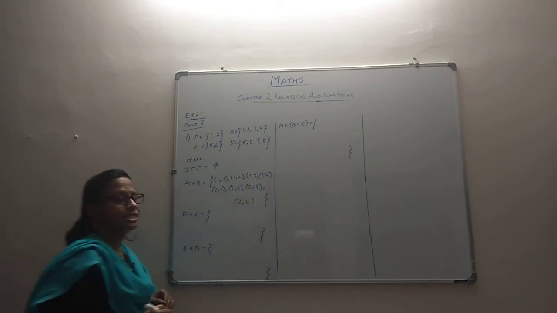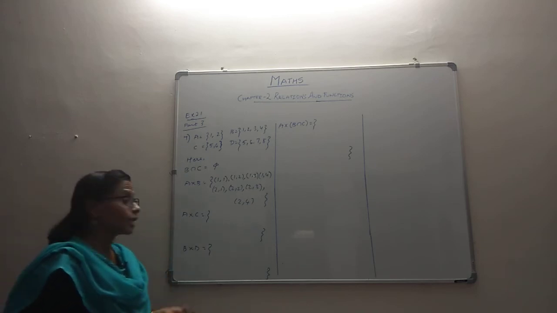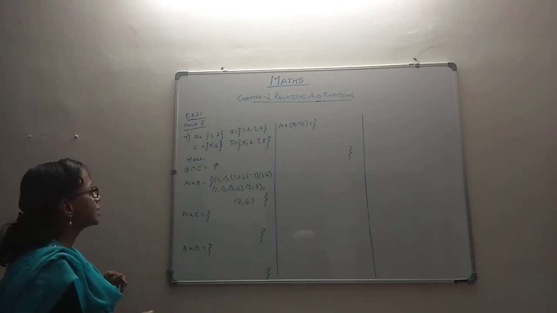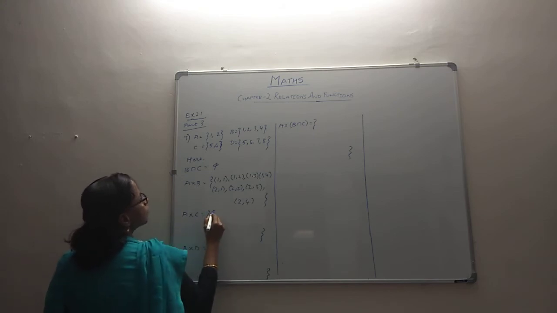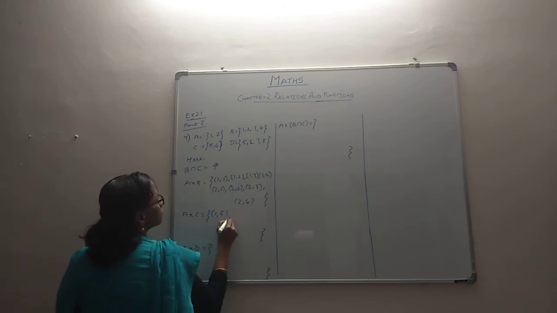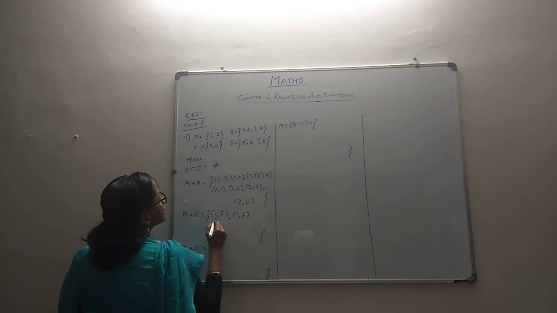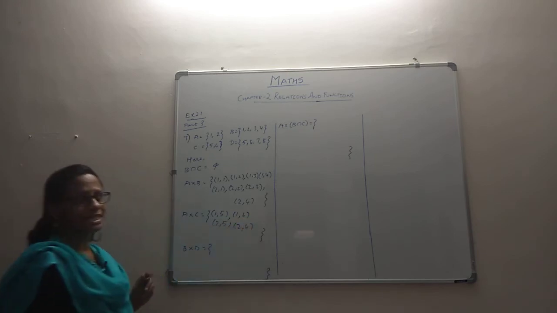These are the elements in A cross B. Now A cross C: we have (1,5), (1,6), (2,5) and (2,6). Those are the elements in A cross C.